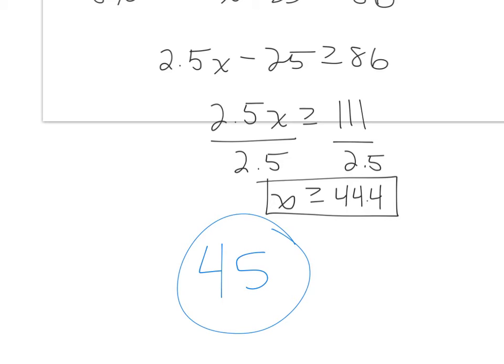So we take a little bit of problem solving, a little bit of simple algebra, and then relate common sense to it. We say you can't have a fraction of a calculator, so what must you sell? Because if you sell 44 calculators, you're just going to miss that $86 profit. You're going to be under for sure. Because this tells us we need to have greater than or equal to 44.4. So 45 is the next integer greater.